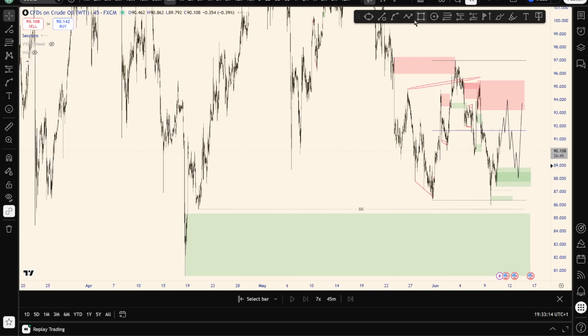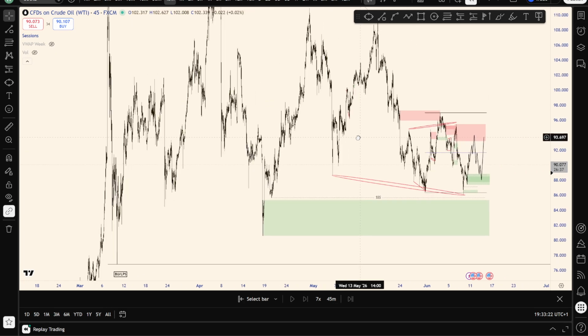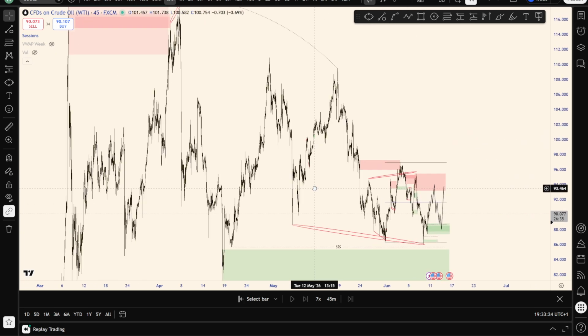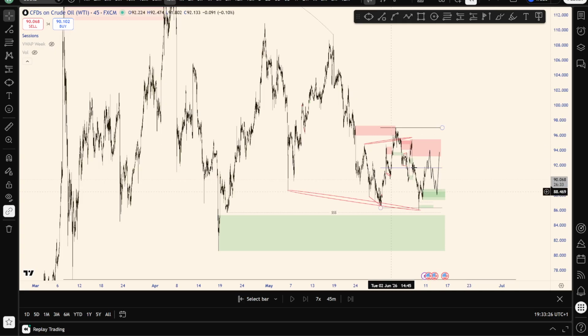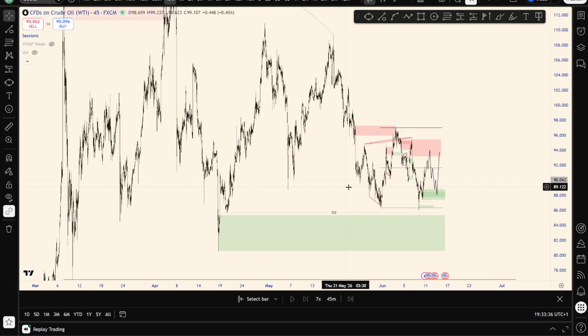There are other advanced traders looking at oil like this, which in my opinion is also valid, but I like this idea here more because in this model we don't have an actual PS. The PS would be something like here, and here we have a model backing it up.